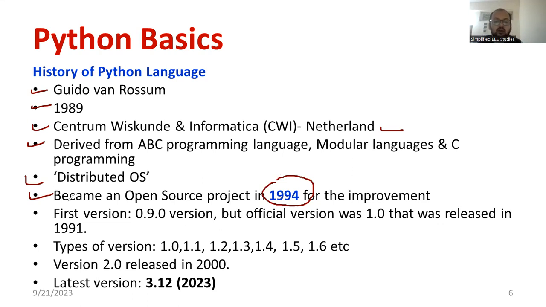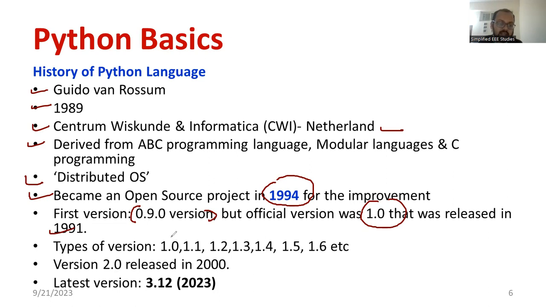That is why it became open source. The first version was 0.9.0, but that was not official. Later, the original version was developed and named 1.0 in the year 1991. That was the original one and compact.